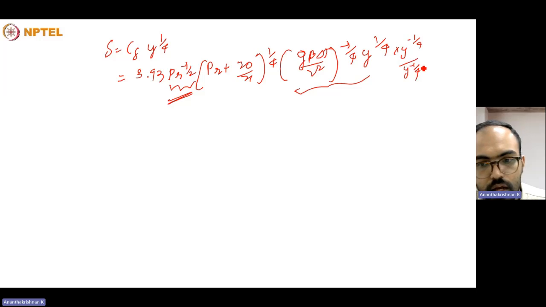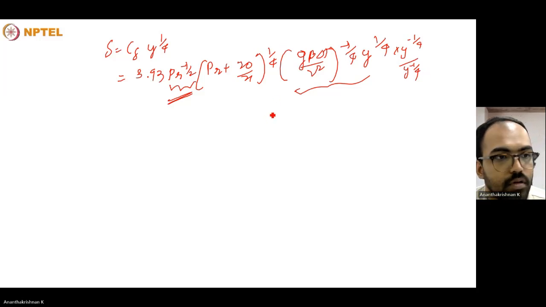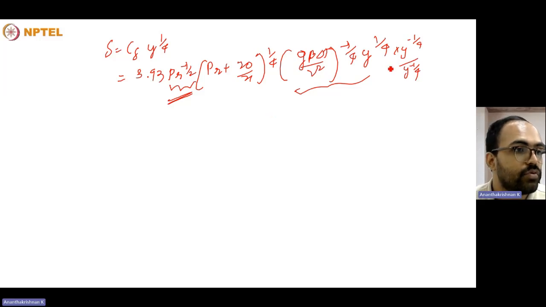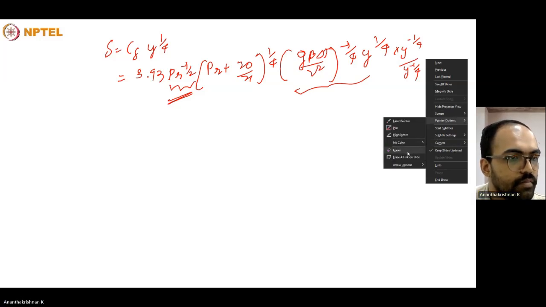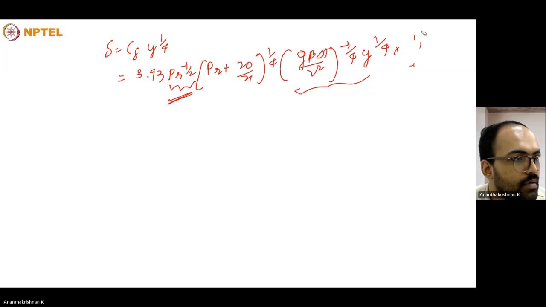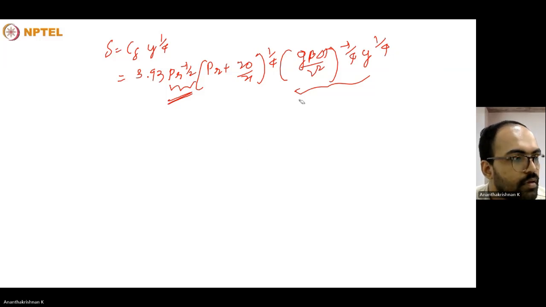I beg your pardon. So in order to take it, you have to actually have L cube or y cube inside it. It would be better if we can represent it so that we can actually take the y outside.